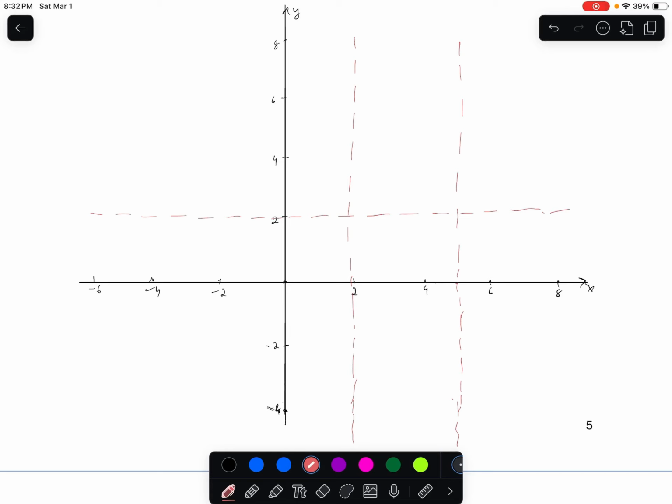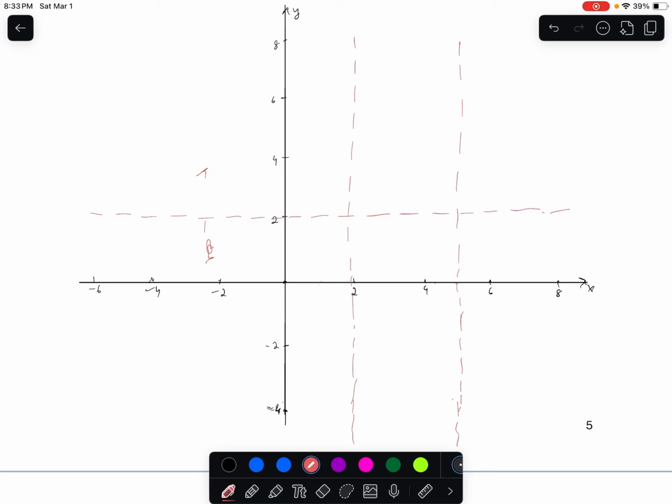Okay, so now if you recall, the sign chart told us that from negative infinity to 0, the graph will be above the x-axis because we got the positive sign. So above the x-axis means here in this region or in this region, or maybe it can cross. Well, remember, where does it cross? At about 1 point something, 1.4.